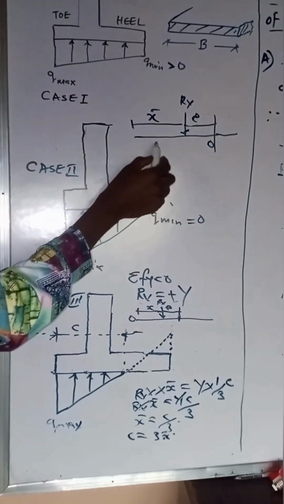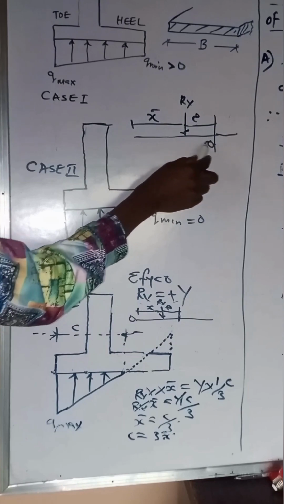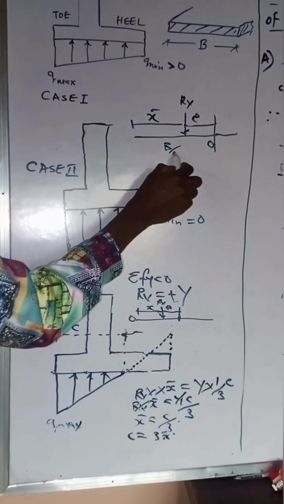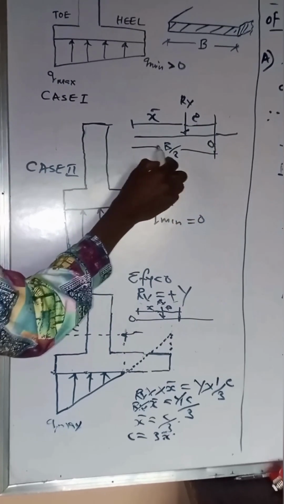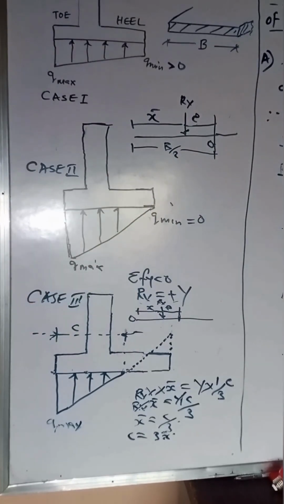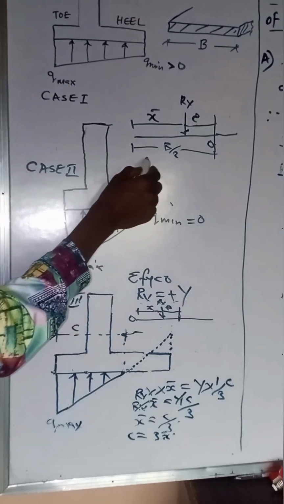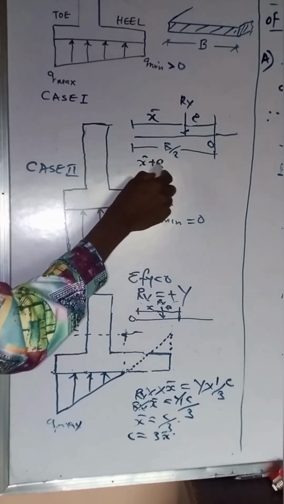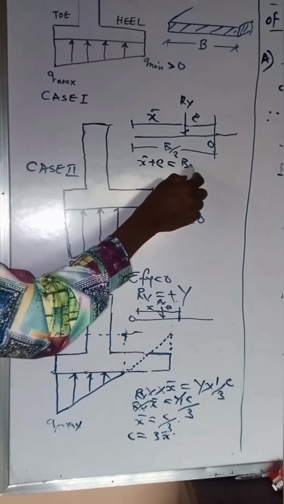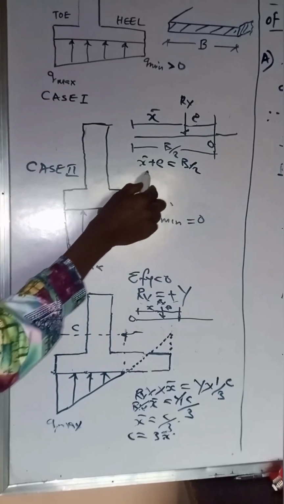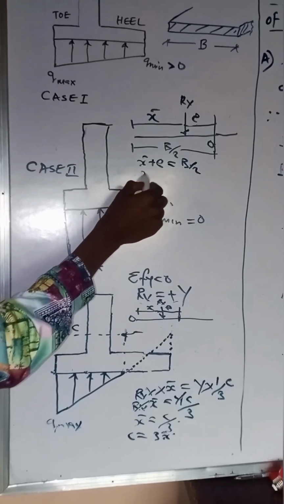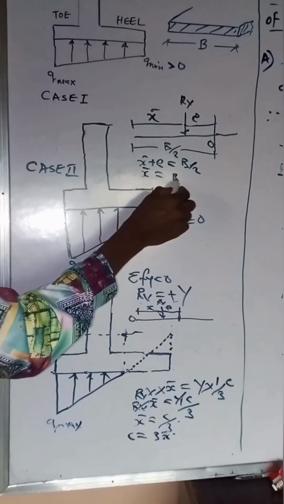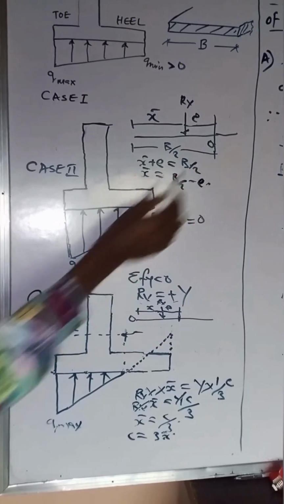So from here down to here is B over 2, which is half of the base of the footing. What it means now is that S bar plus E is equal to B over 2, and it means that our moment arm becomes B over 2 minus eccentricity.